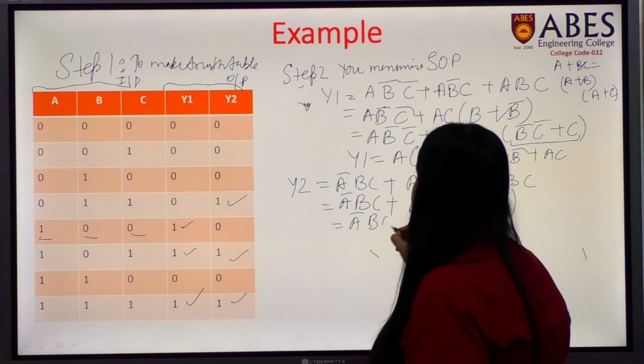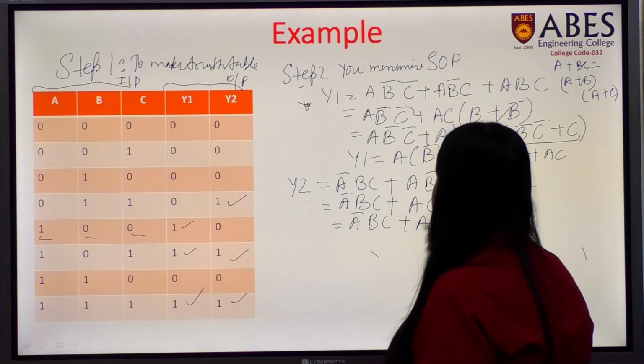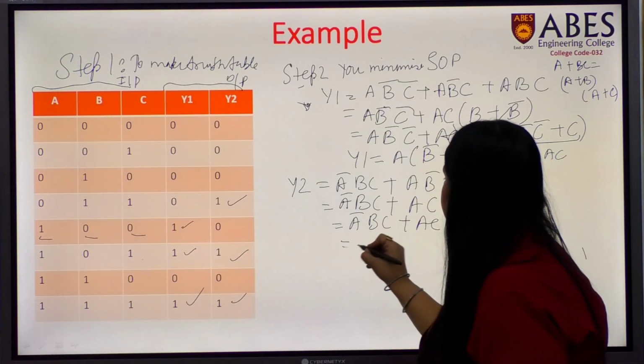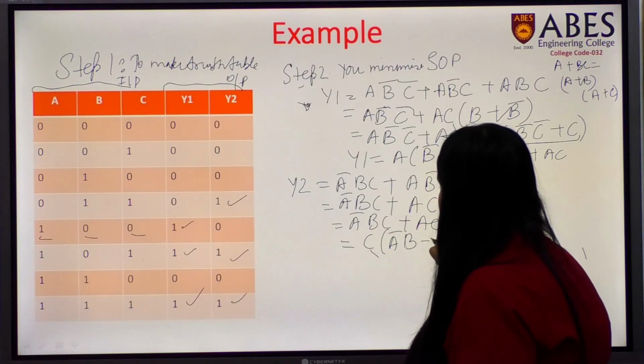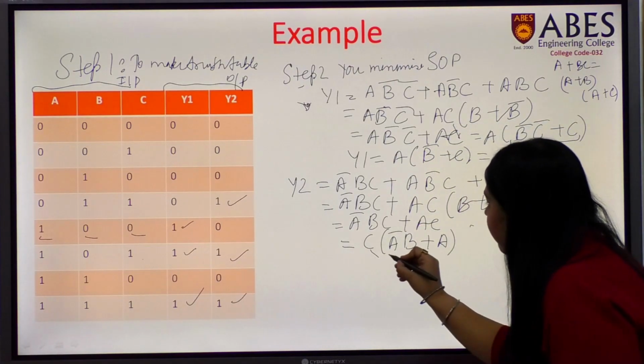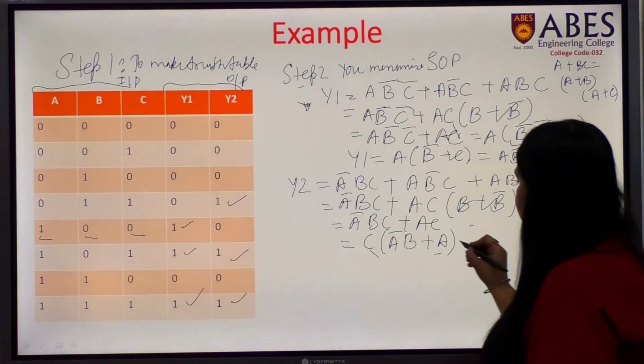A bar BC plus AC. So again I am taking C as common: A bar B plus A. Here we are applying the distributive law.